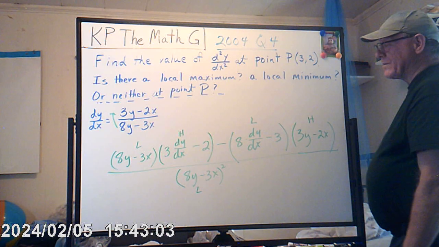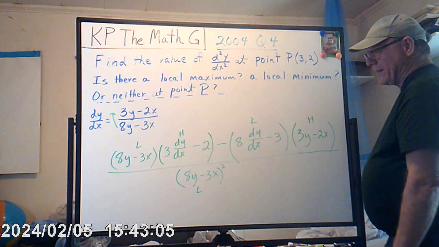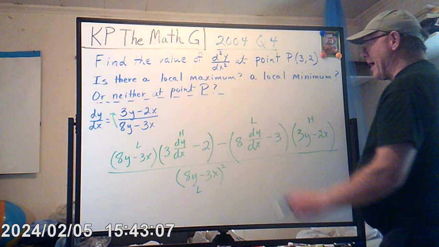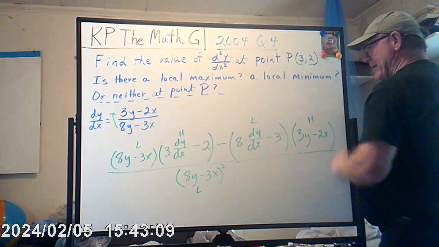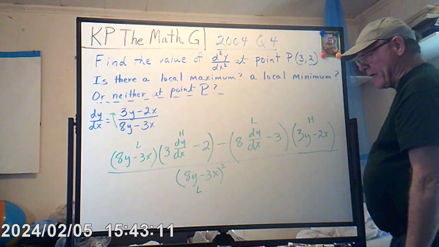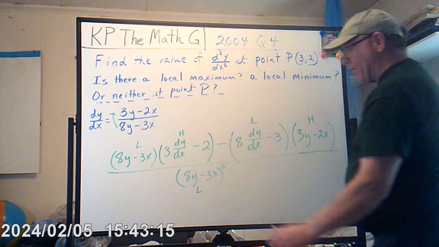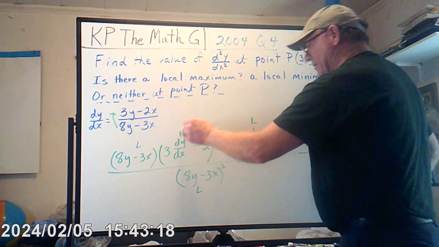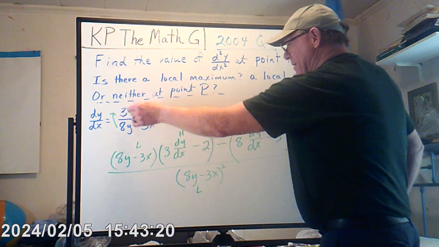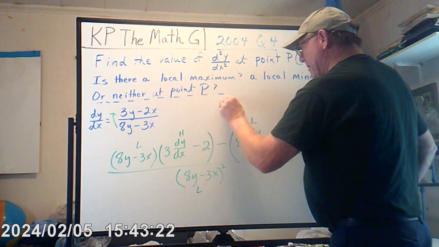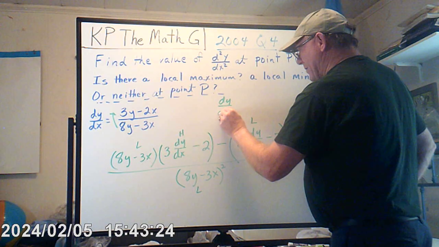Now remember one thing too. We have the x comma y. We could go ahead and start substituting that in there, but now what do you notice about this dy over dx? We don't even have to copy all this. What do you know about dy over dx?